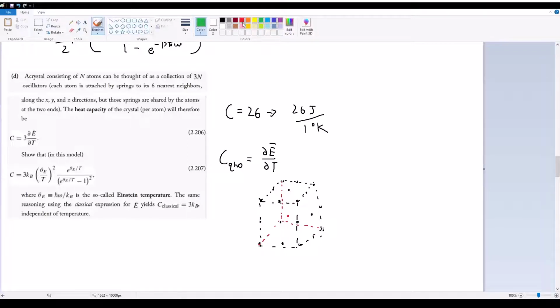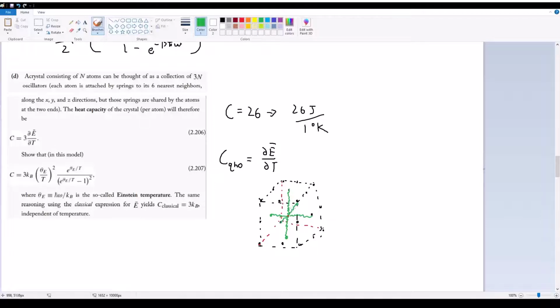Because it has a connection to the top middle atom. So I'm going to draw these as springs because that's what they are, right? It has a connection to the bottom middle atom, which is like right around here. It has a connection to the 2 side atoms, right around here and right around here. And it has a connection to the front atoms and the back atoms.